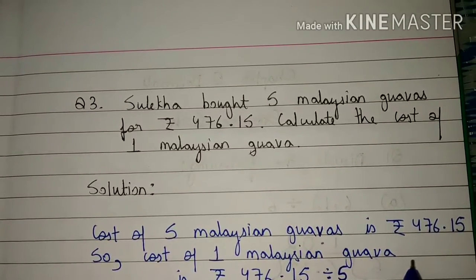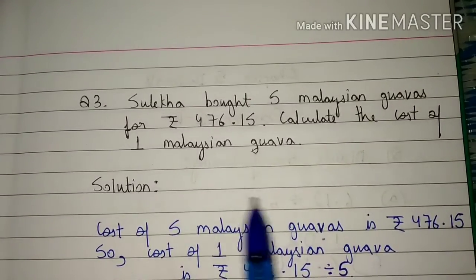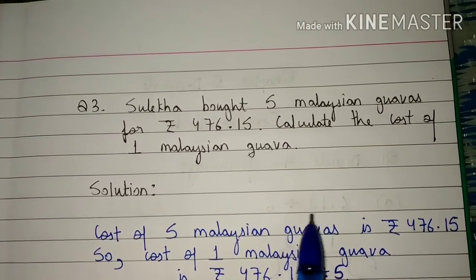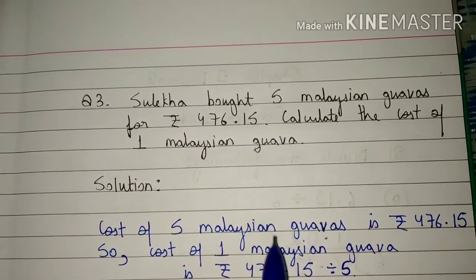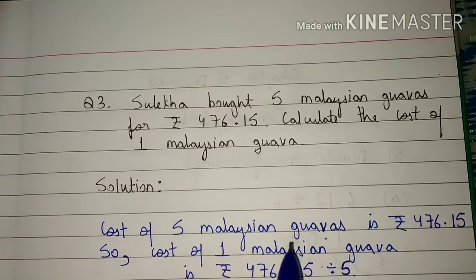So students, in this question we will do division, because when larger quantities is given to you and we have to find out in smaller quantities, we always do division.